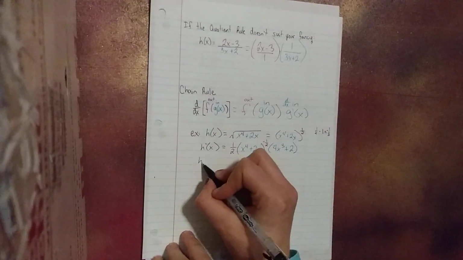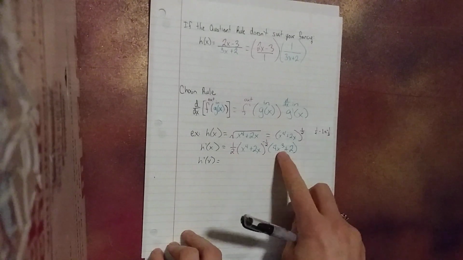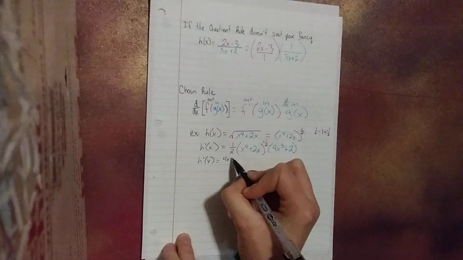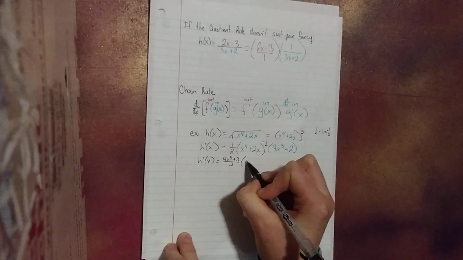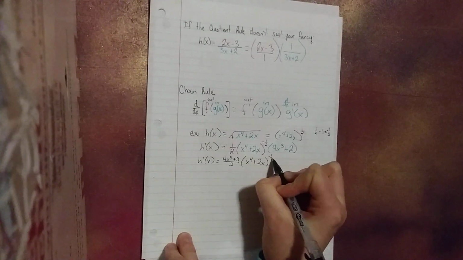So h prime of x is equal to, and I'm going to move this whole section up here. So 4x to the third plus 2 over 2 times x to the fourth plus 2x to the negative 1/2.